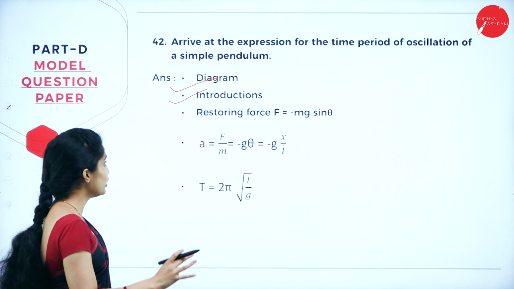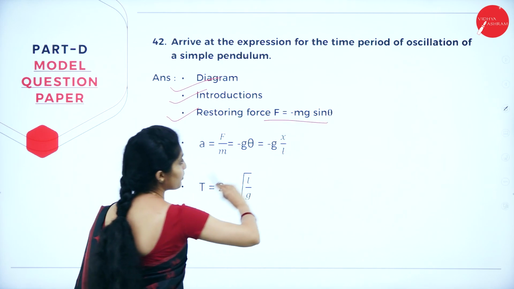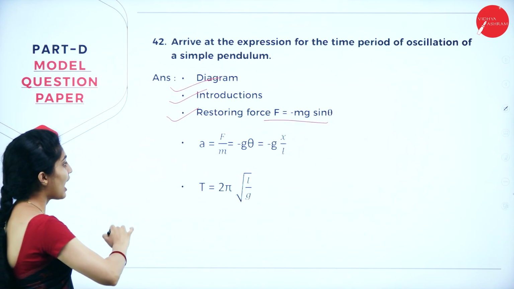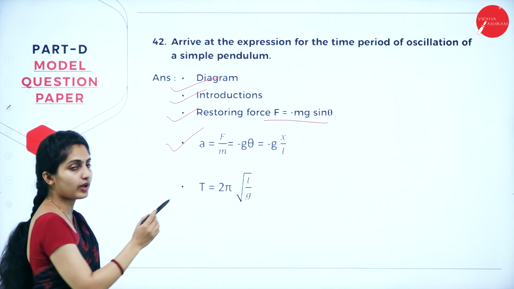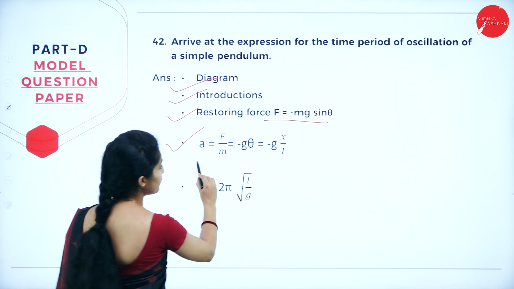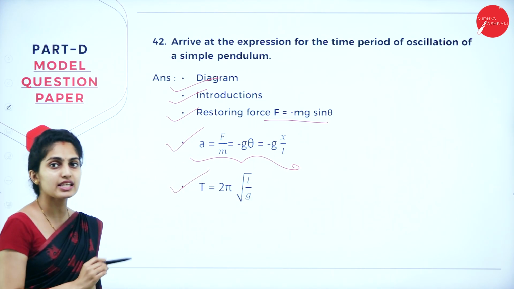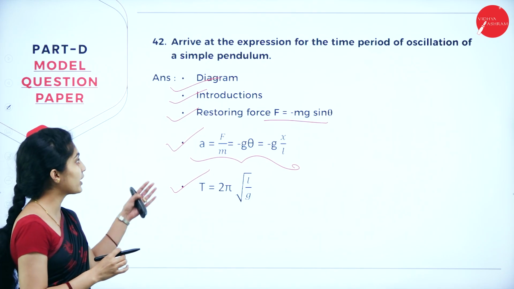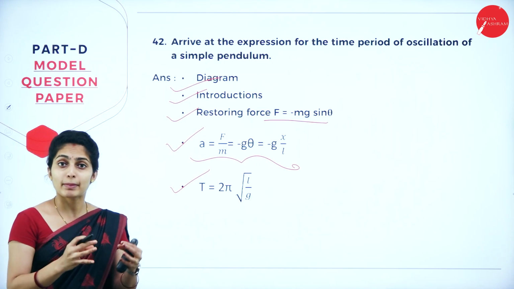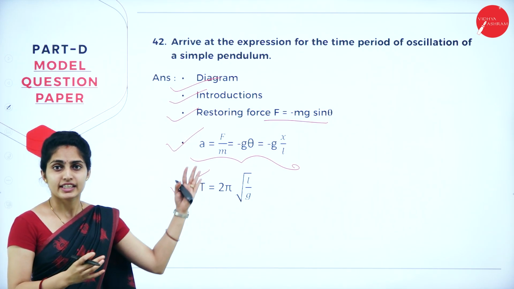And then you will have to consider the restoring force F is equal to minus mg sine theta. Having that, you will have to arrive at acceleration a is equal to F by m and solve in this manner. After this, you will have to get T is equal to 2 pi root of L by g. These are the important steps of what exactly you have to do. But you have to fill in the derivation, that is the left out part between these equations.